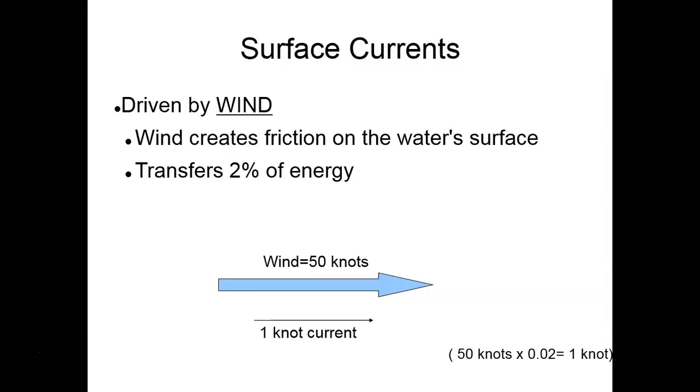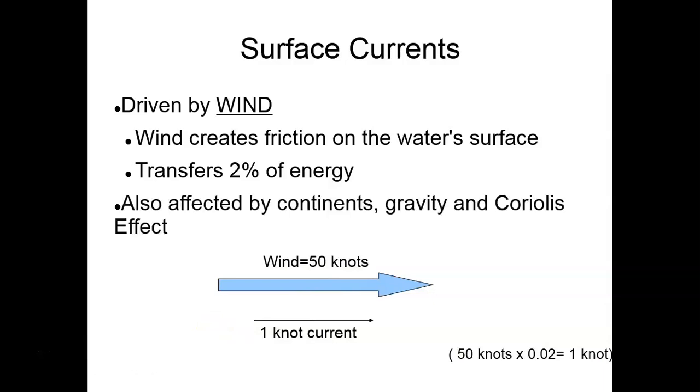It transfers about 2% of its energy. Therefore, if you have a wind that is blowing at 50 knots, it will create a current that moves at about 1 knot, right? If it's only 2% of the energy, you take 50 knots, multiply by 0.02, and you get a 1 knot current, all right? So you have to have a very strong wind to get a very strong current going.